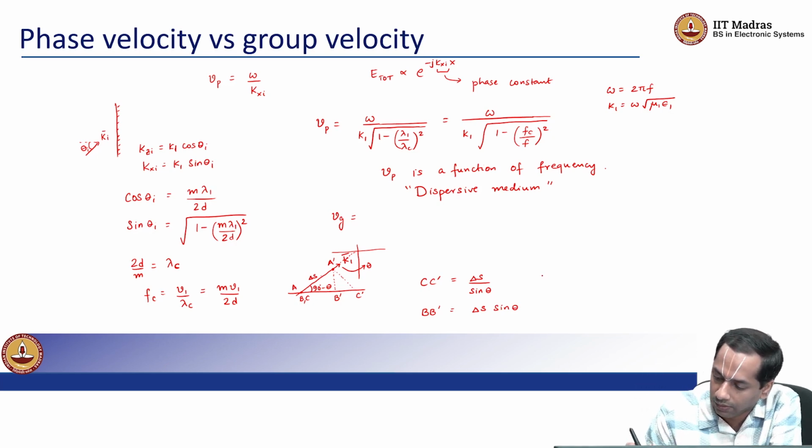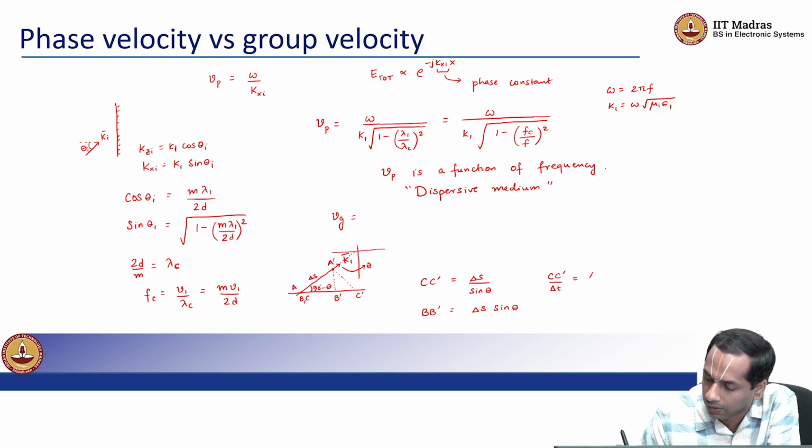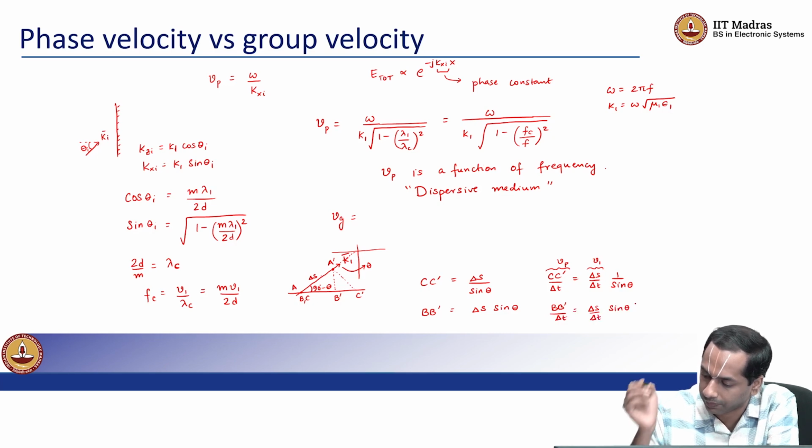So if I did CC prime by delta t, I actually get delta S by delta t times 1 over sine theta. So this is Vp, this is V1. Similarly, we have BB prime by delta t as delta S by delta t times sine theta.